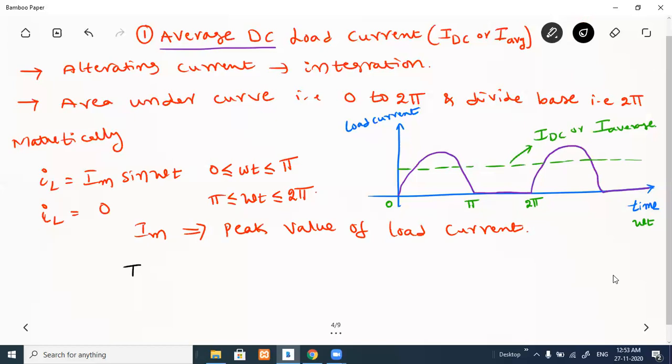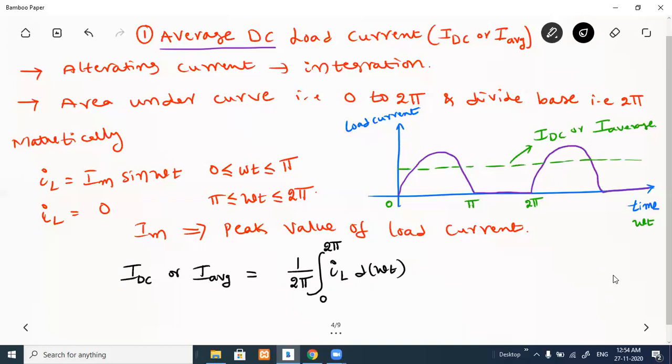So our IDC or I average is equal to, first find the area under the curve using integration: integral of IL d omega t with limits 0 to 2 pi. This is the area under the curve for one complete cycle, so it must be divided by the base, that is 1 by 2 pi. By solving this equation, we can obtain the average DC load current.